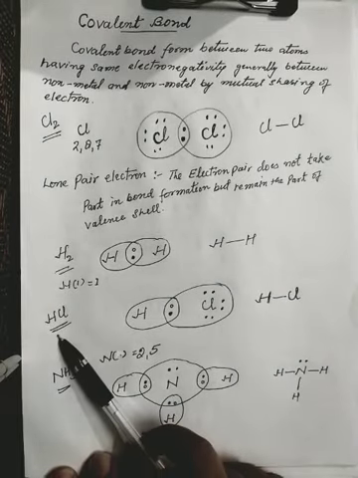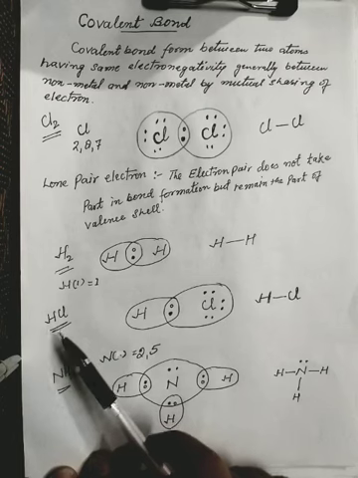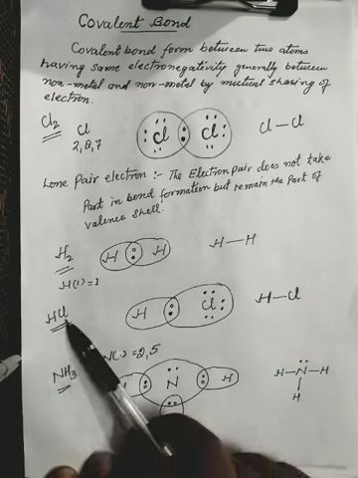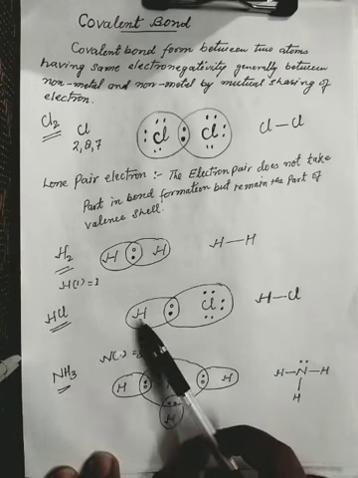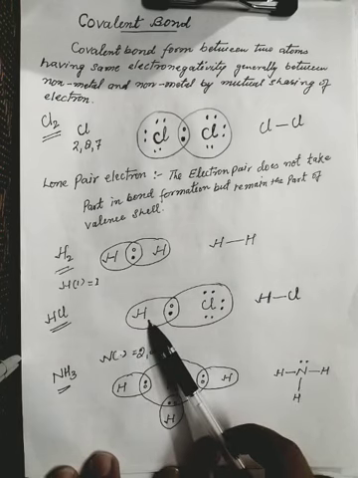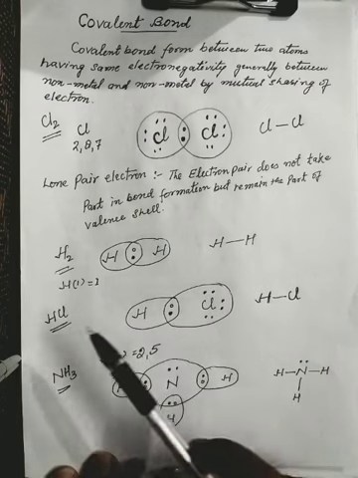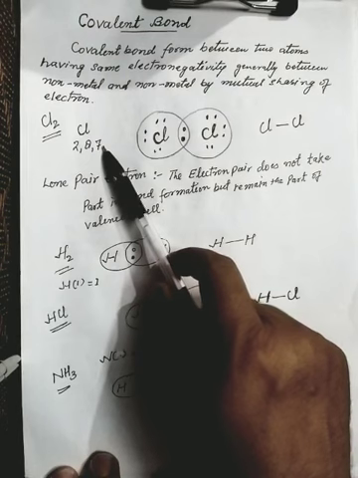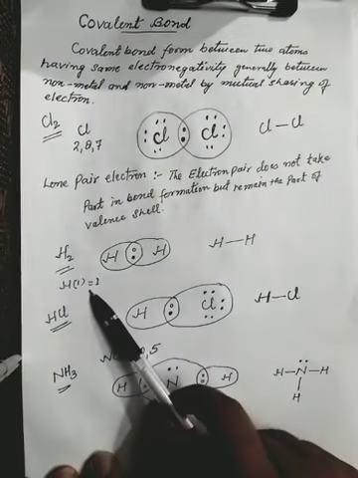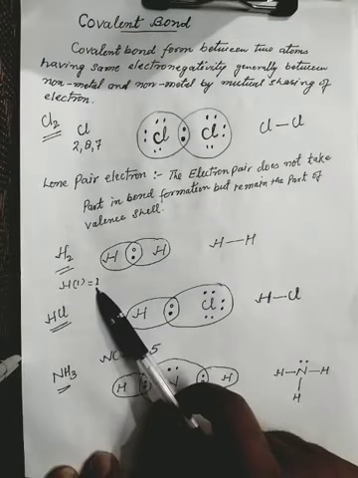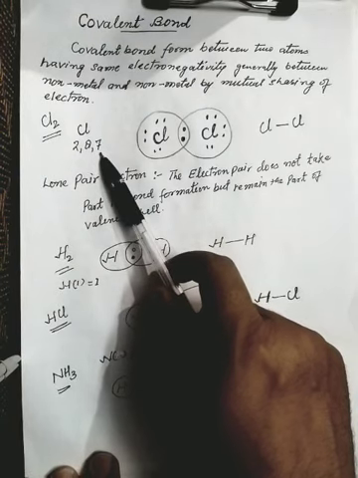But HCl is heteroatomic, made up of 2 different atoms. Now hydrogen has 1 electron in its outermost shell, the first shell, and chlorine has 7 electrons in its outermost shell. So hydrogen needs 1 electron to complete its duplet, while chlorine needs 1 electron to complete its octet.